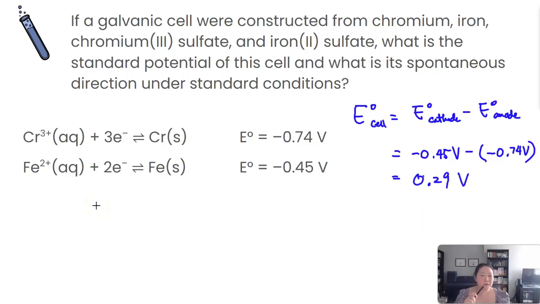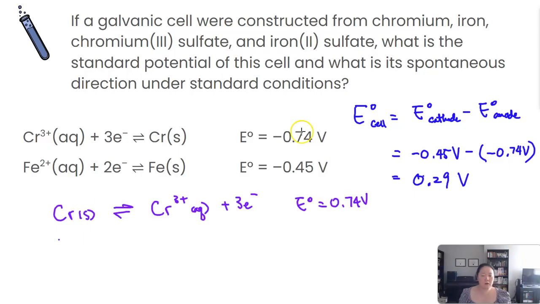Now, alternatively, another way that you can look at this is, since you have to find the overall reaction anyways, why don't we take the equation that we know is going to have to become the oxidation reaction and then flip it. So in this particular case, if we're going to take these values and we're going to add them together, we know that if we want a positive value, we need to take this reaction and flip it.